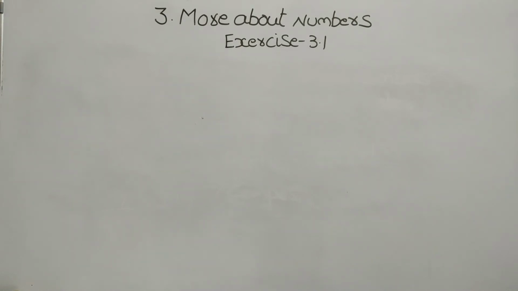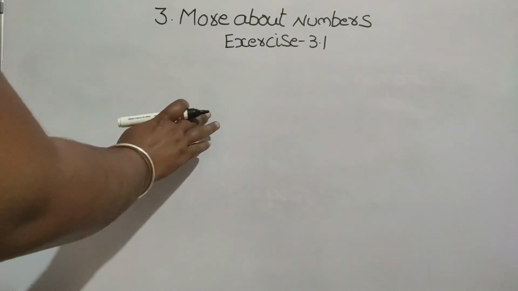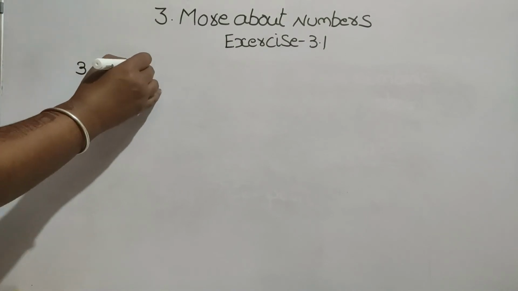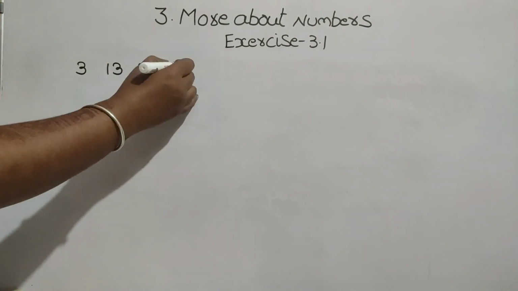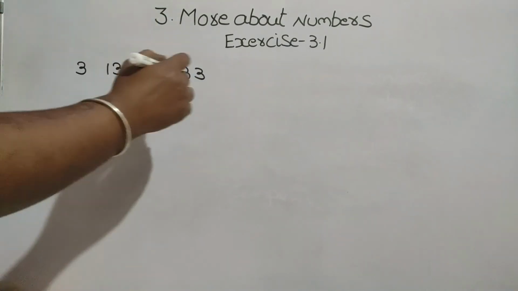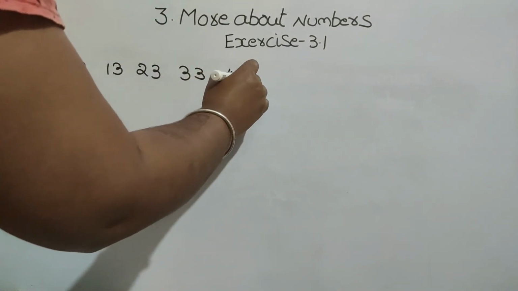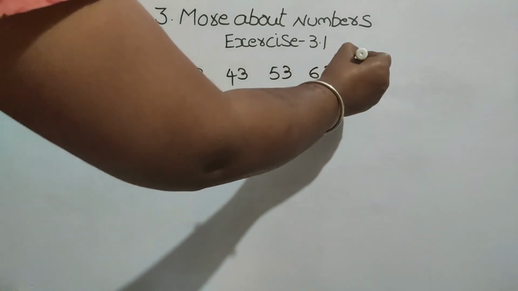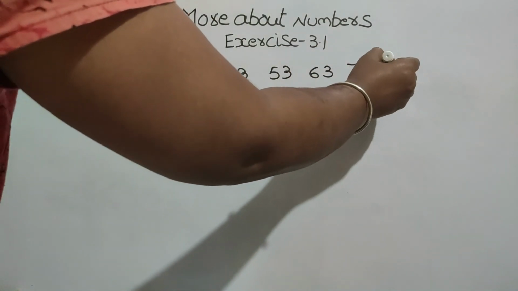A list of all numbers below 100 ending with 3: 3, 13, 23, 33, 43, 53, 63, 73, 83 and 93.